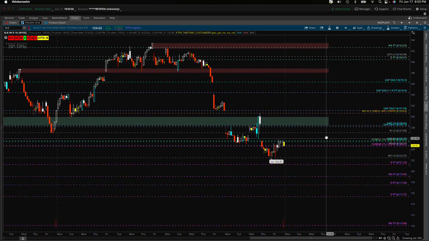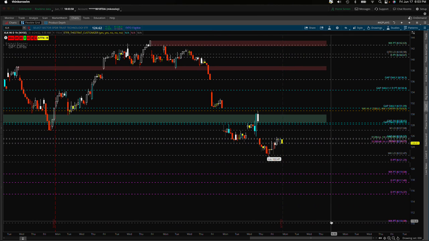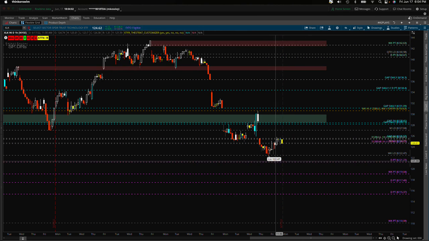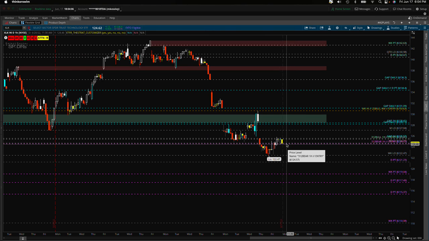So we're looking at between 110 and 142. That's $32 of price action. We have a good idea of our entry for the 1 hour is here.